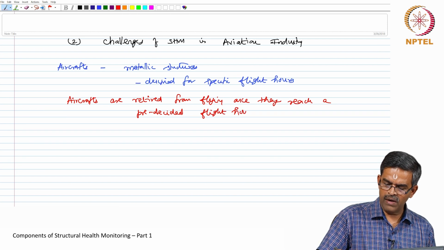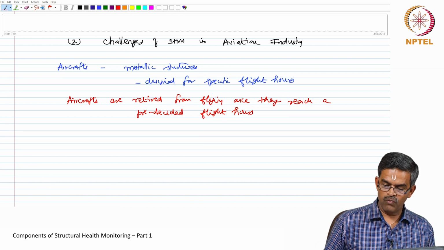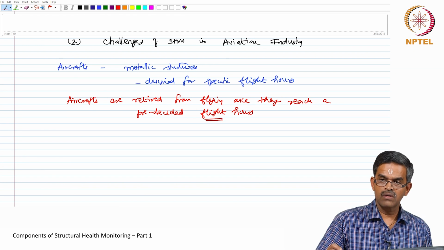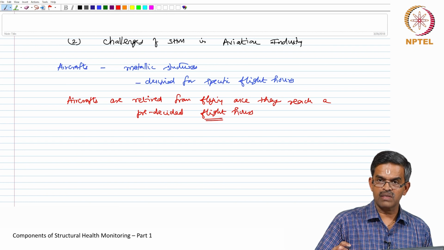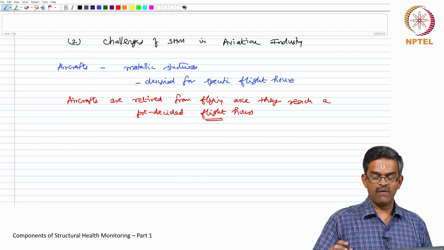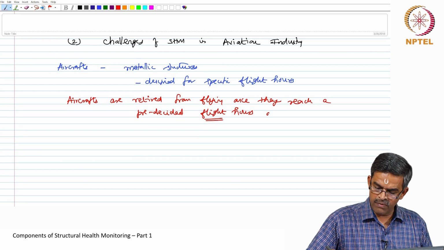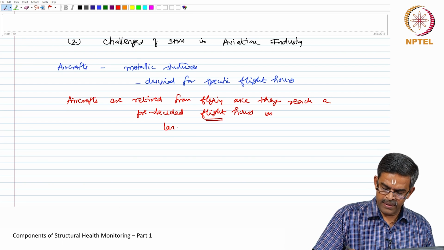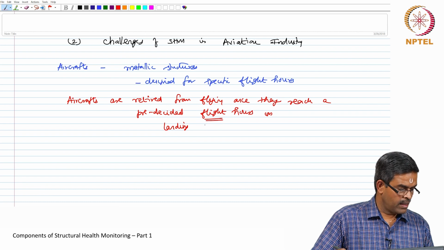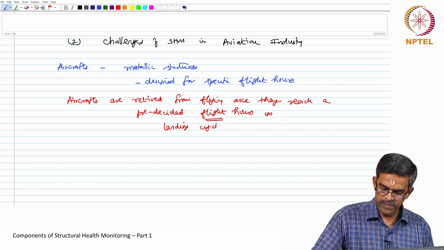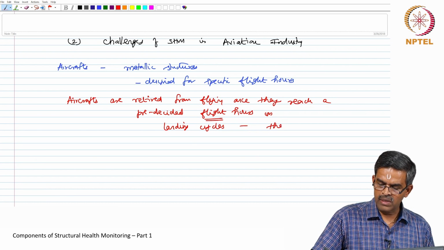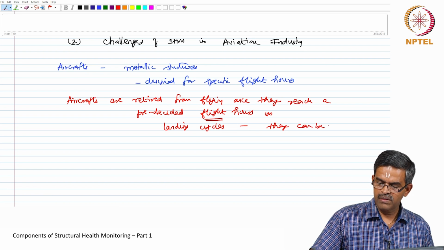So, every aircraft is meant to fly for a specific number of flight hours. Once those flight hours are completed, those aircrafts are considered to be retired from flying at all. Alternatively, if they complete pre-decided landing cycles, then also they can be retired.